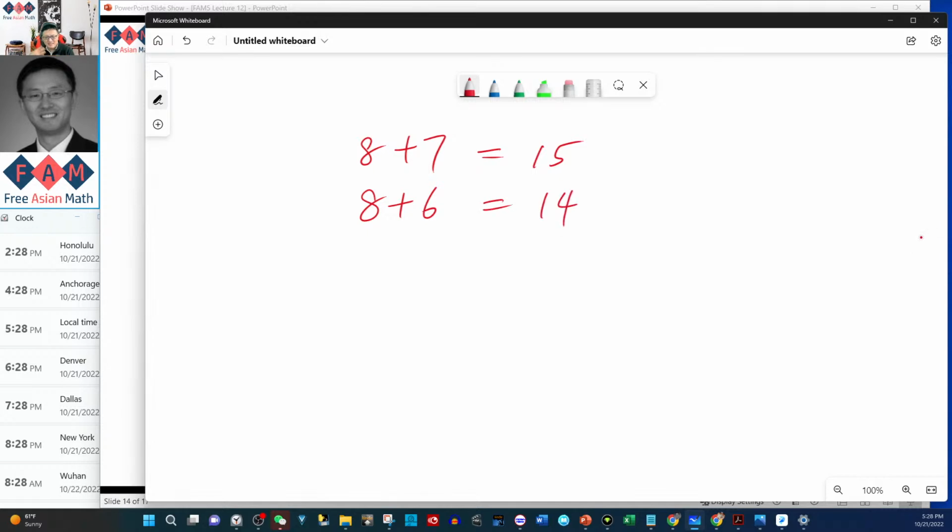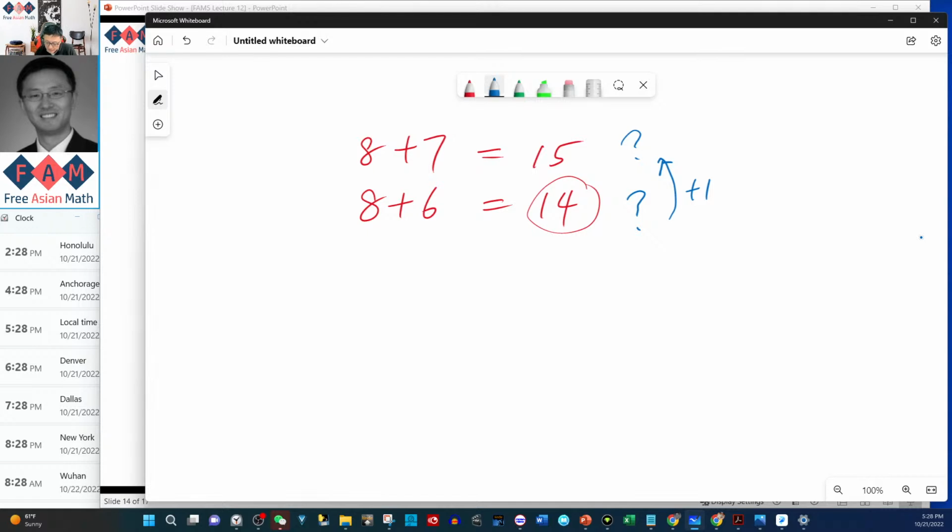You have to think of this in the reverse way. If we do 8 plus 6, let's just say we don't know what 14 is. We just know this is some number. But when we do 8 plus 7, that number must be 1 more than this, right? Because we are adding 1 more.